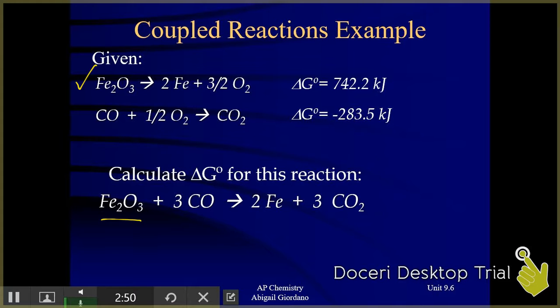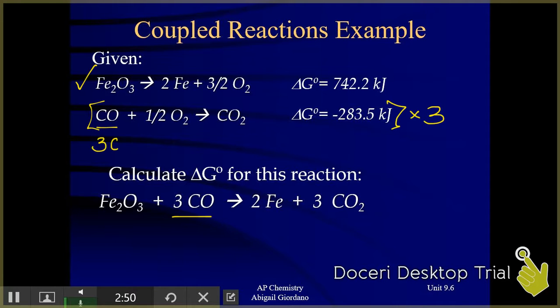It's good the way that it is. Now, 3 carbon monoxides. Well, here's carbon monoxide. It's on the correct side, but it has the wrong number. So we're going to need to multiply this whole equation times 3.